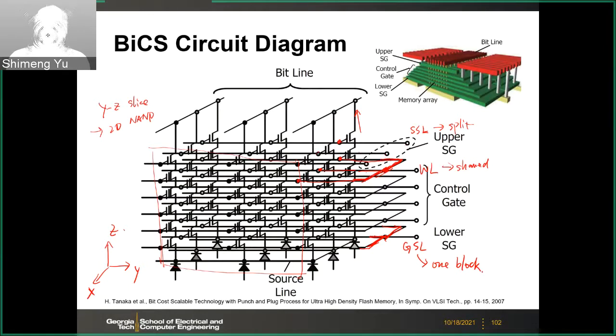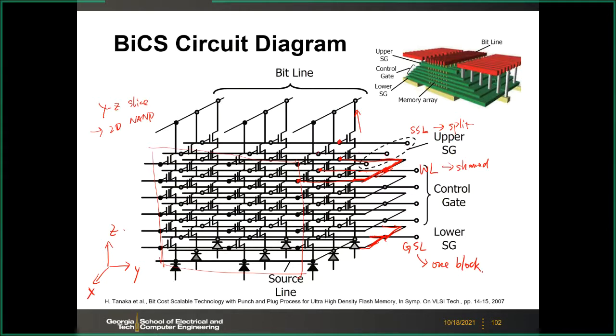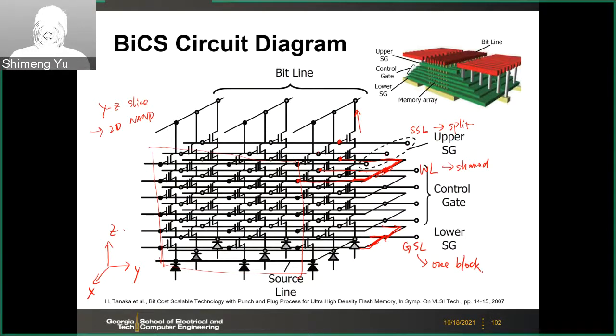For 2D NAND flash, you have that horizontally on the surface of your silicon, and now you tilt by 90 degrees, then that will become this YZ plane, and you have many of these YZ planes vertically standing up. So that is how you build the 3D NAND flash from the equivalent circuit point of view.